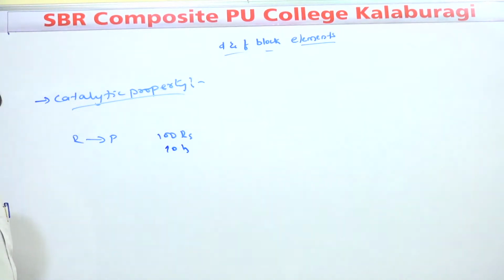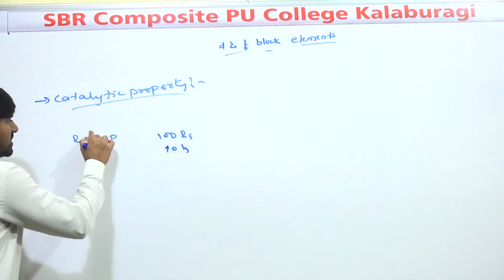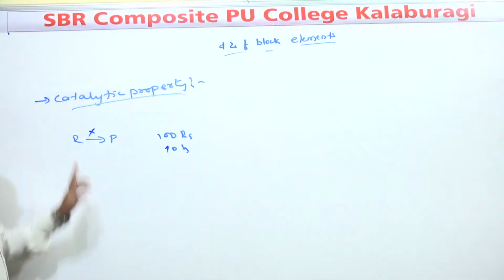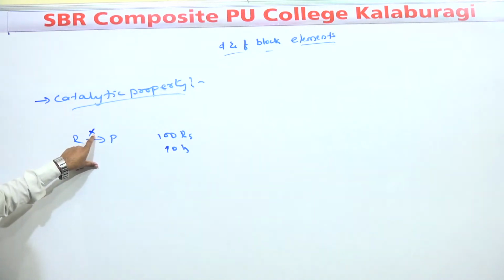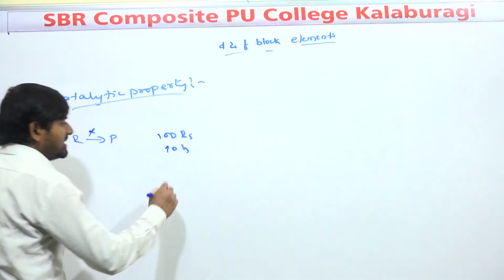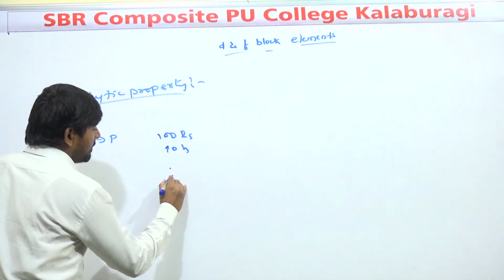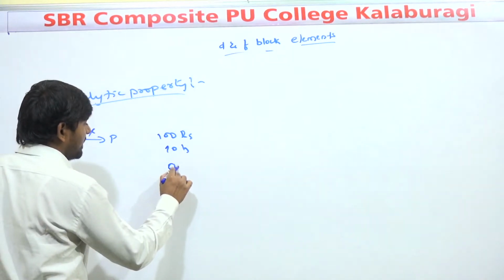Now, let us consider I have used some chemical X in the same reaction. In the presence of this chemical X, the same reaction gets completed in 5 hours only, with an expenditure of 50 rupees.